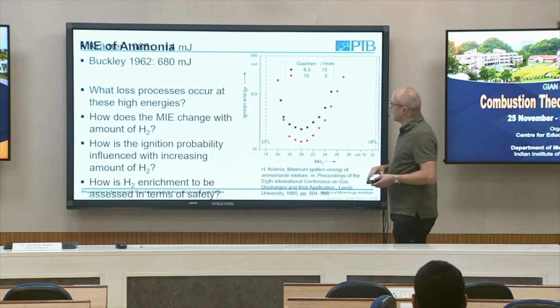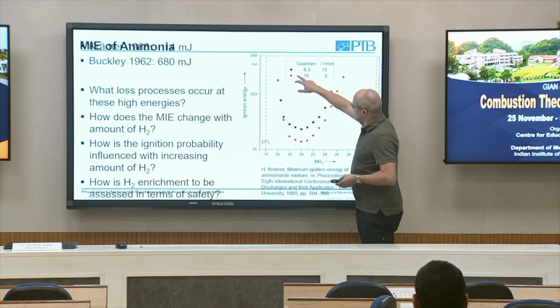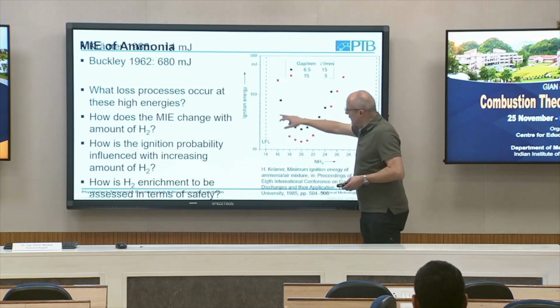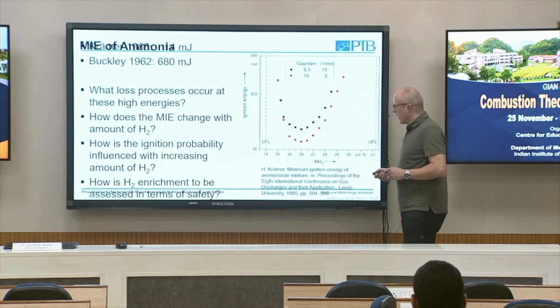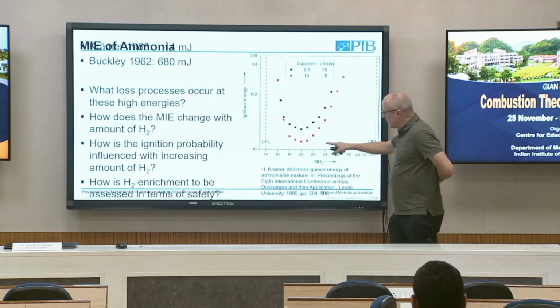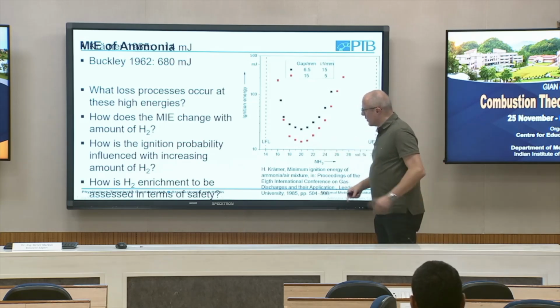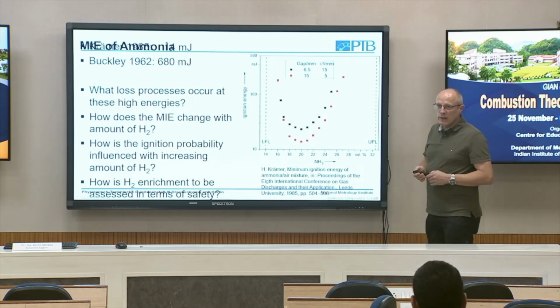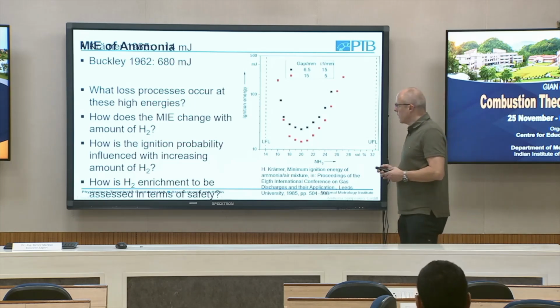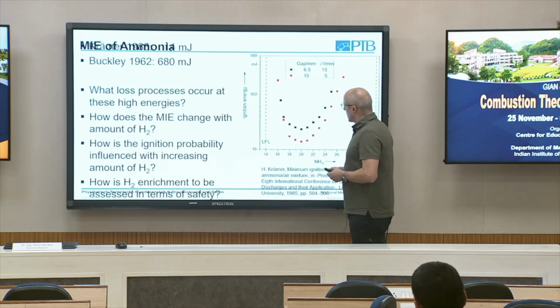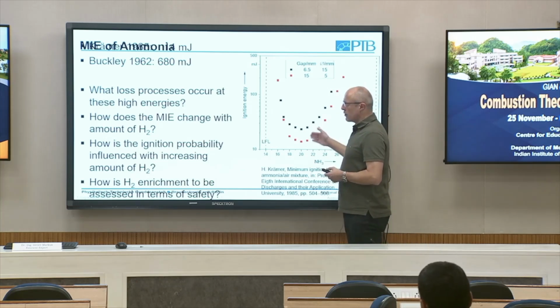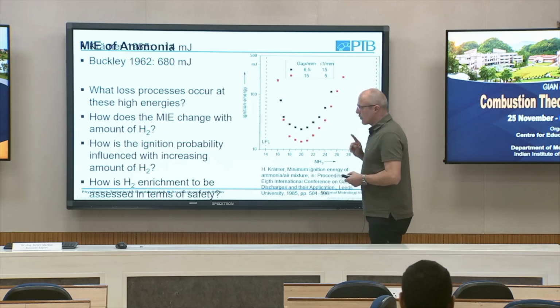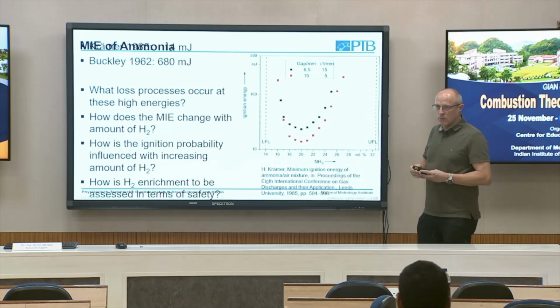spark gap. And you see here, when we have a gap of 50 millimeters, we get our minimum value. At nearly stoichiometric conditions, so phi equals 0.9, there we get the minimum value. It's 14 millijoule compared to 17 microjoule.